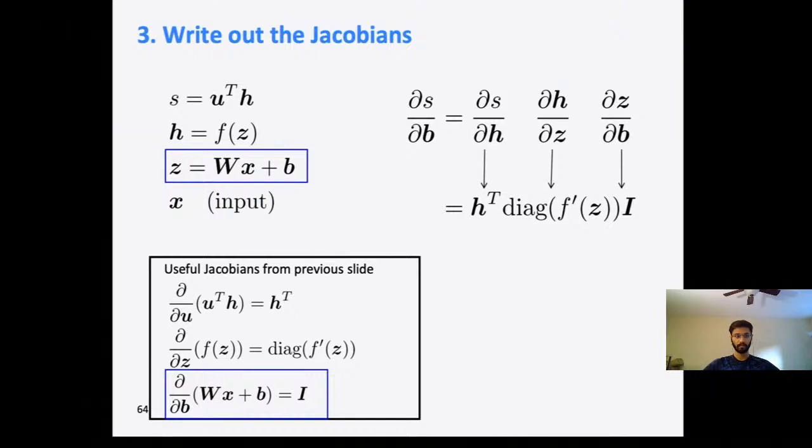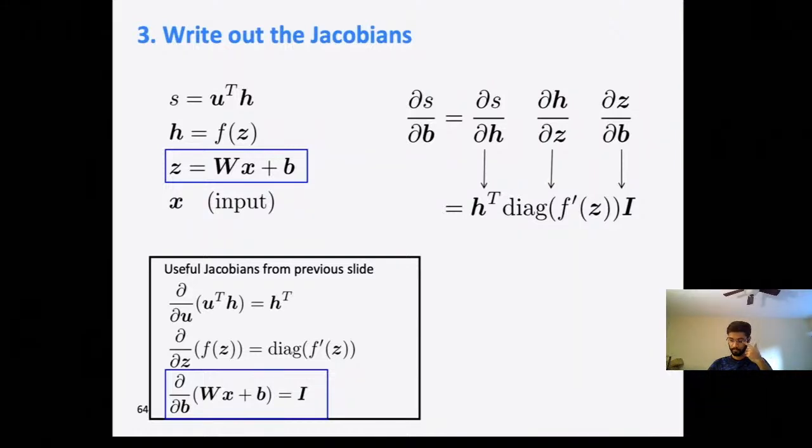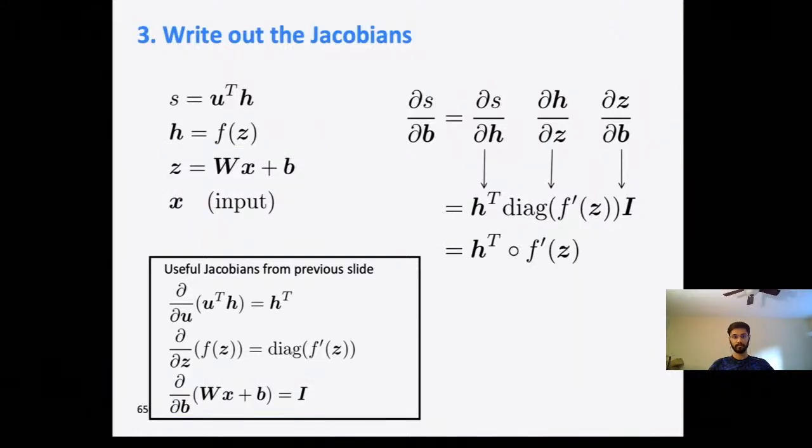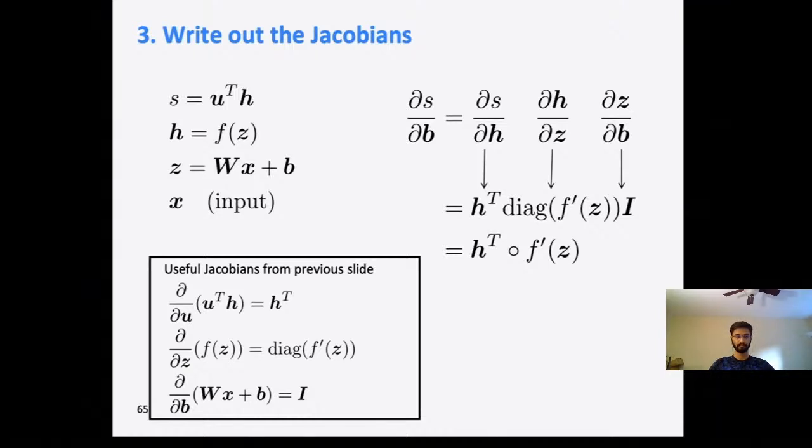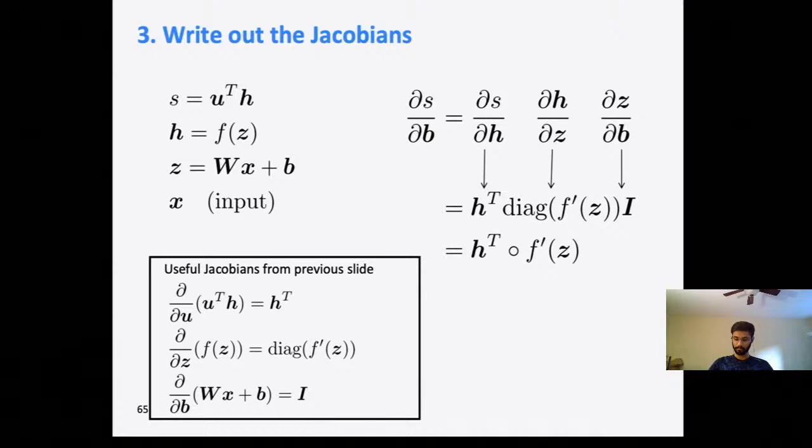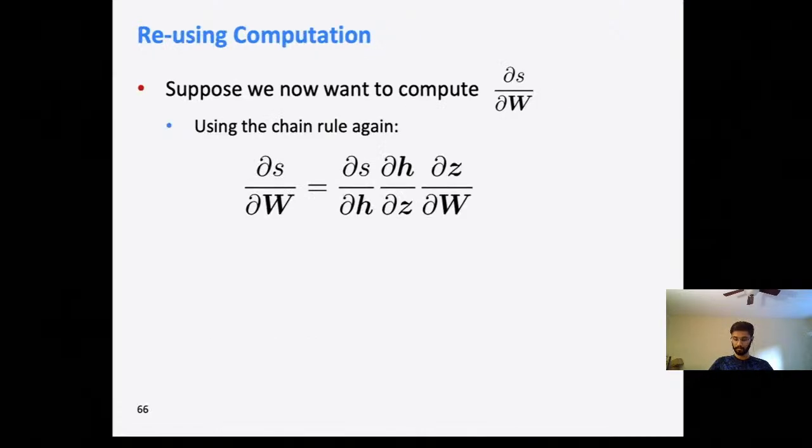And so that's then giving us our calculation of the partial of s with respect to b. And so we can see that the identity matrix goes away, so we end up with this composition of h transpose times f prime of z.